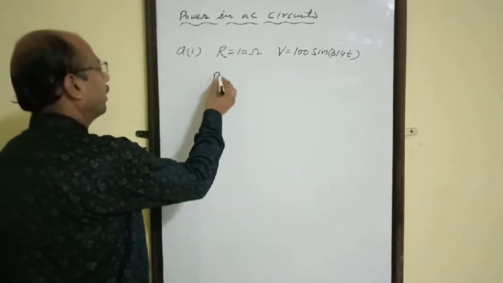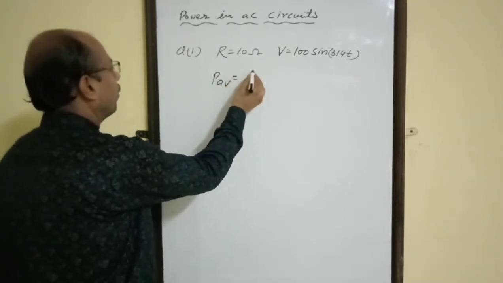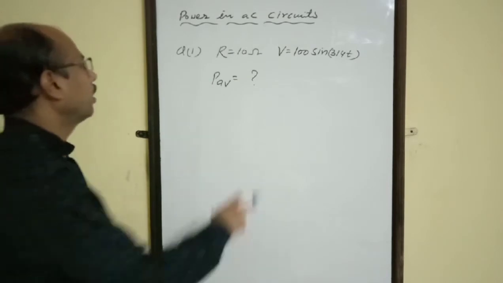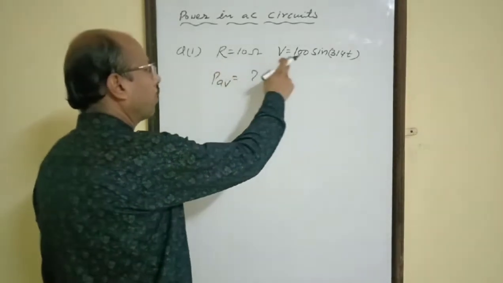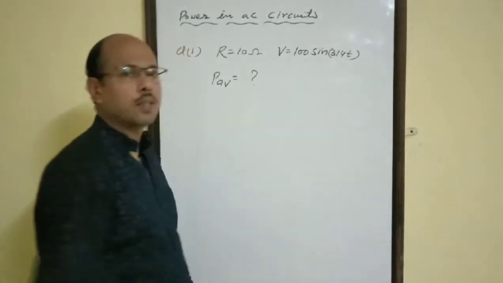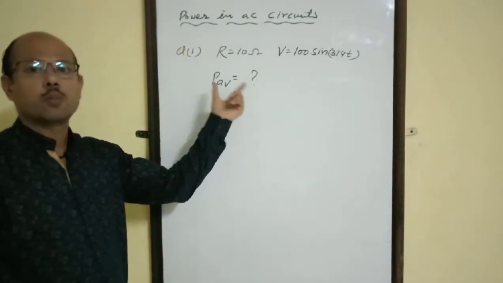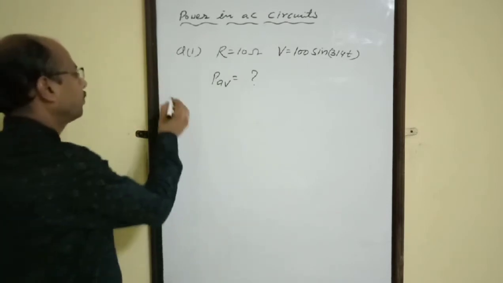We have to find out the average power consumed over one complete cycle. This is the question. R equals 10 ohm, V equals 100 sin 314t. We have to find out average power consumed in one complete cycle.